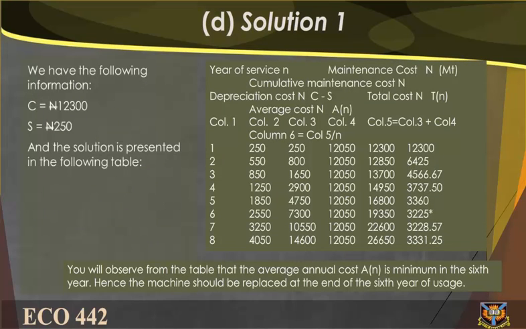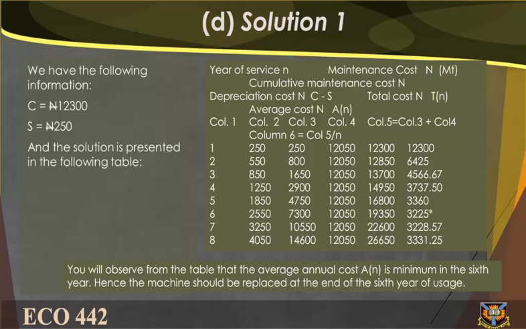D. Solution 1. We have the following information. C equals 12,300 naira. S equals 250 naira. And the solution is presented in the following table.